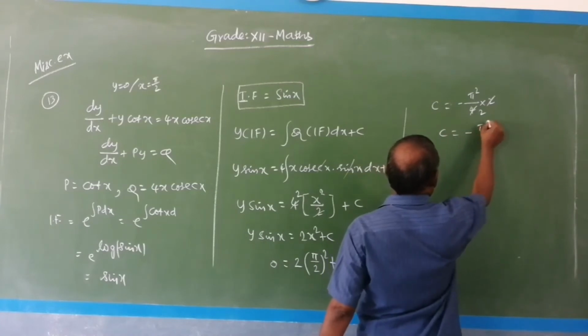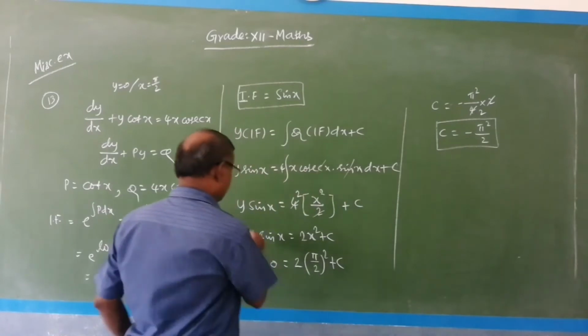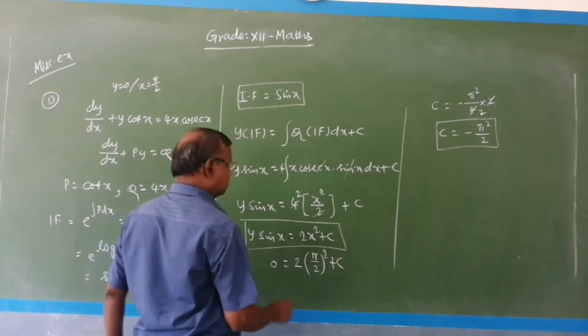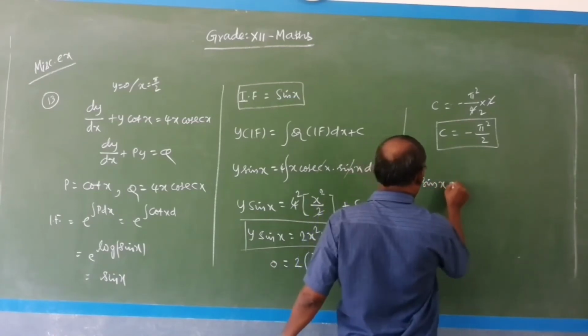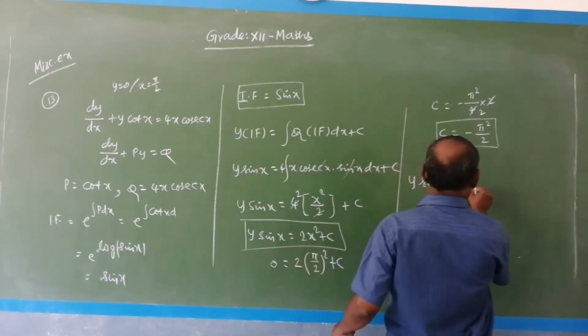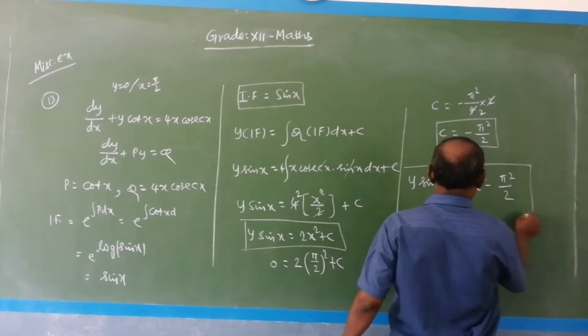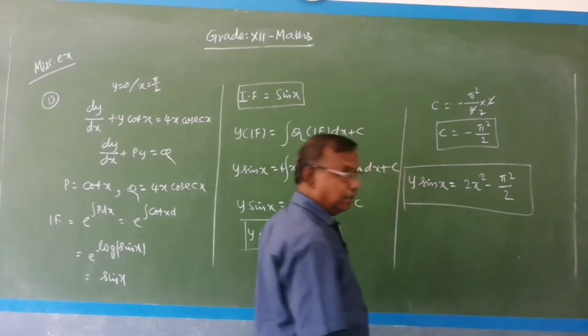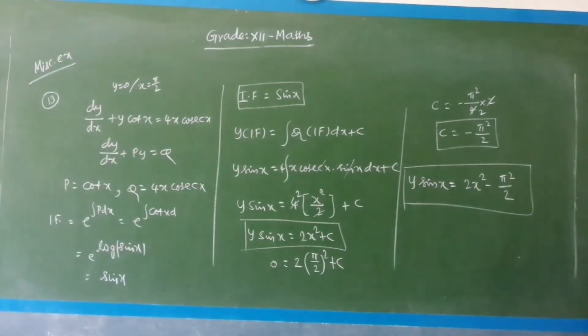So c equal to minus pi square by 2. Substituting in the above, the required particular solution is y sin x equal to 2x square minus pi square by 2. This is the required particular solution for the given differential equation.